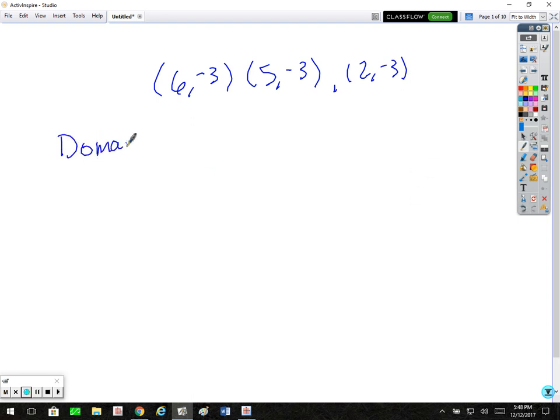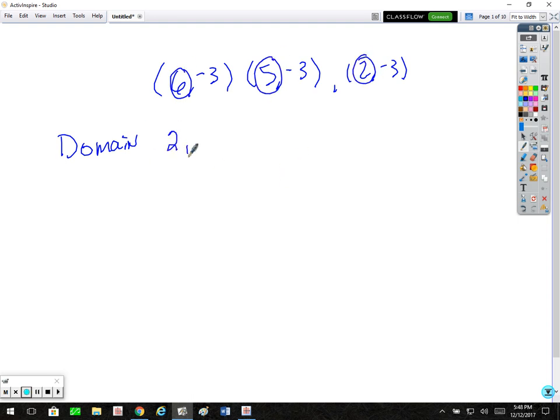Let's look at one more, and we'll move on. (6, -3), (5, -3), and (2, -3). Well, domain again is the first number in each one. So I have a 6, a 5, and a 2.